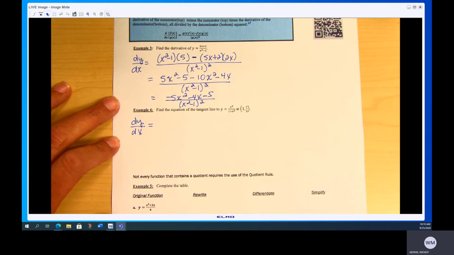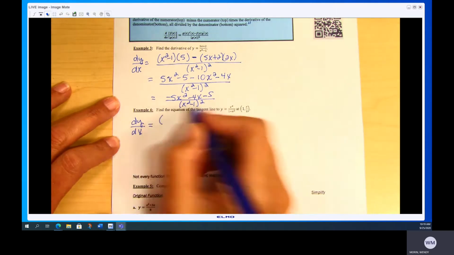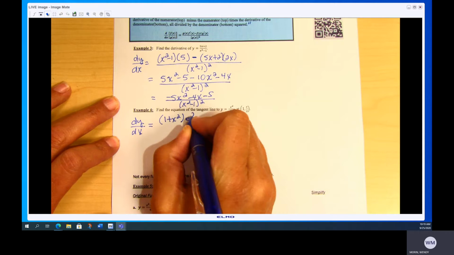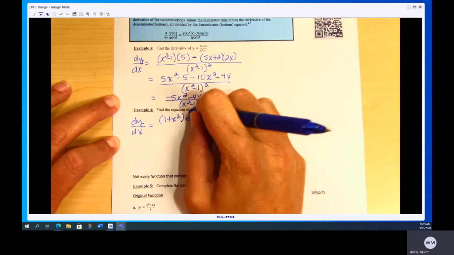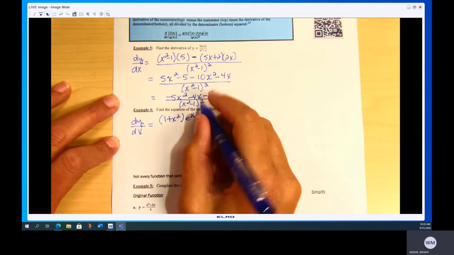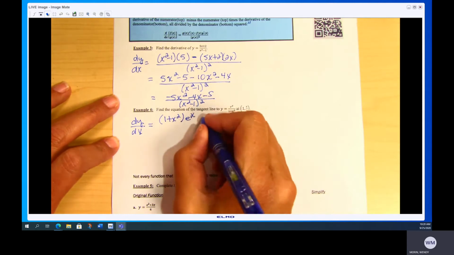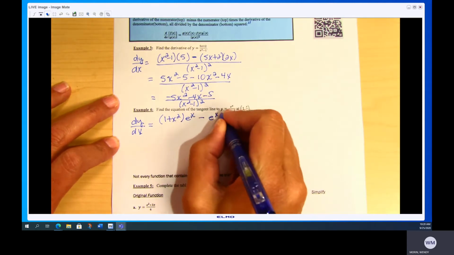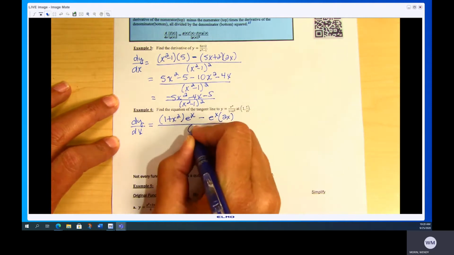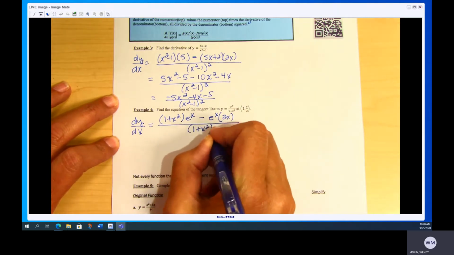Okay, let's check your answer. Bottom times the derivative of the top. Whoops. Minus the top times the derivative of the bottom all over the bottom squared.